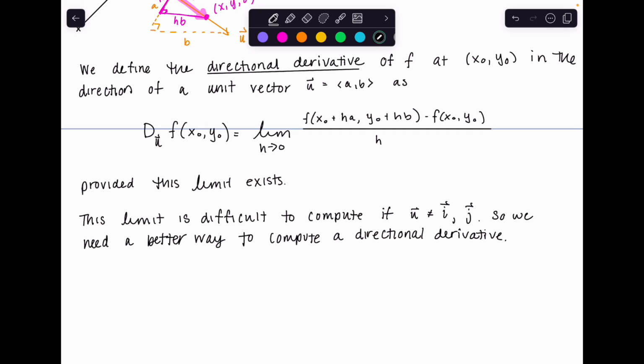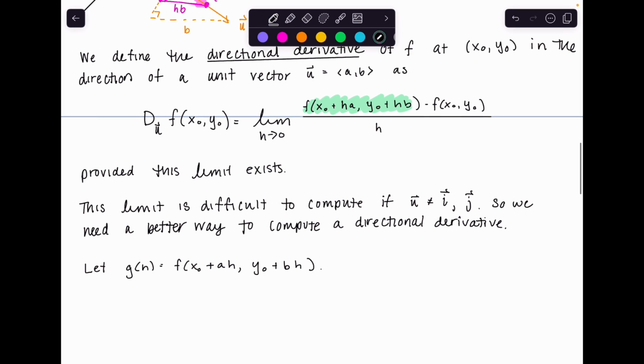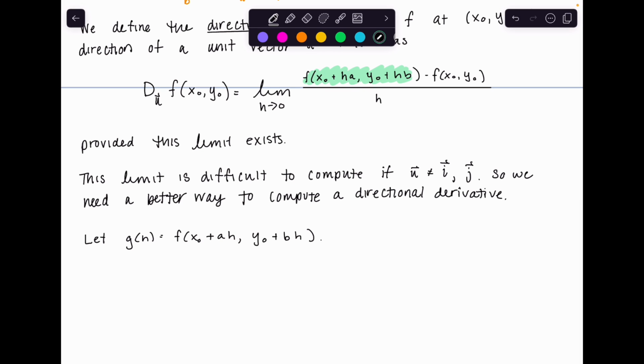Okay. So if you notice this expression here, again, the only variable is h. x naught, y naught is a fixed point, and a, b are fixed components of a vector. So what I'm going to do is define g of h to be exactly that first component, because h is the only variable.